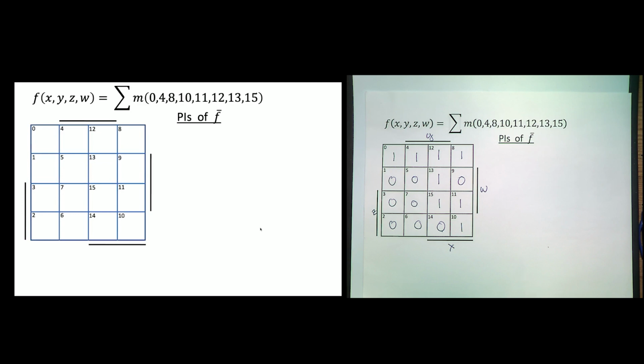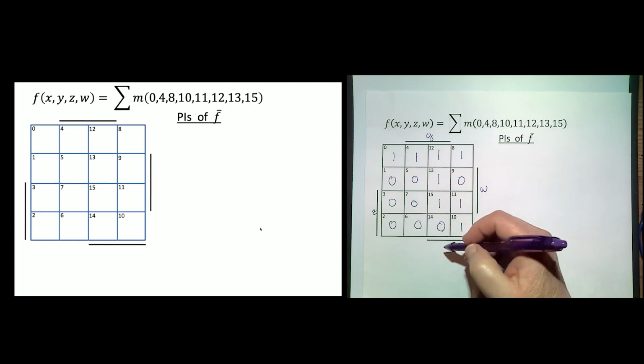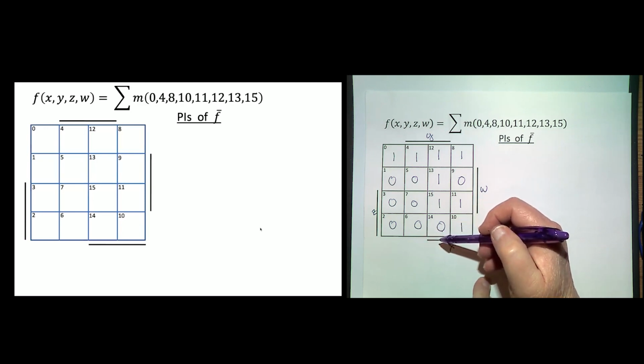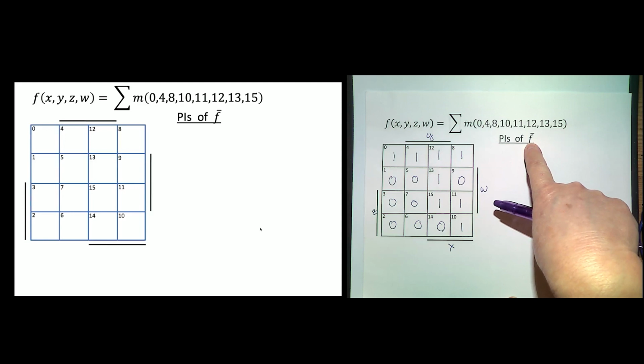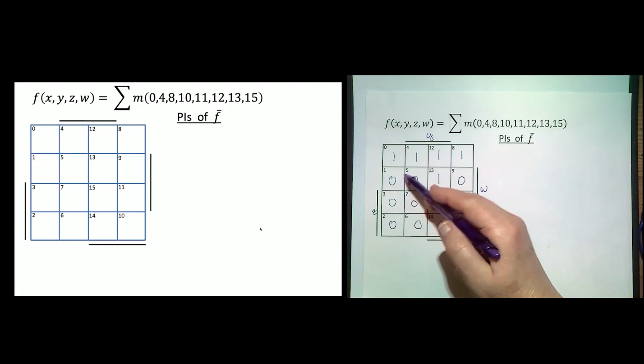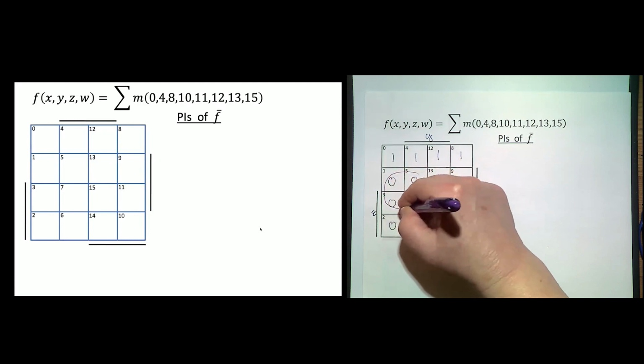Do you see any prime implicants of f bar? Yes, 0, 4, 12, 8. No, we're covering f bar, so now we're covering the zeros. 1, 5, 3, 7.